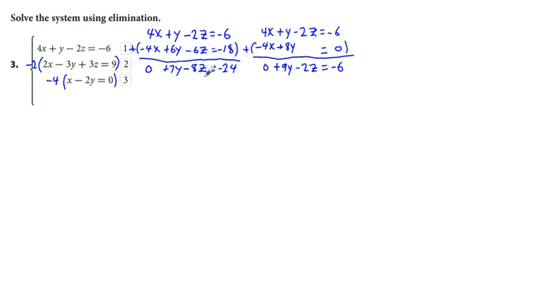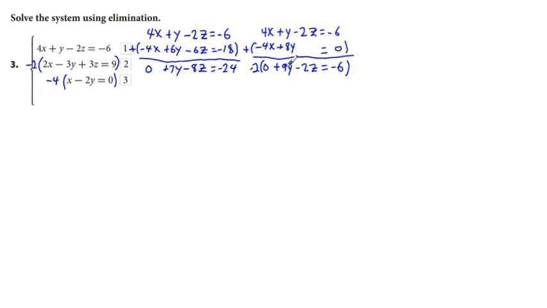So now we have two equations with two unknowns. And what we're going to do is multiply this second equation here by negative 2. And you'll see what we're doing here. So if we multiply the second equation by negative 2, what is that going to be?